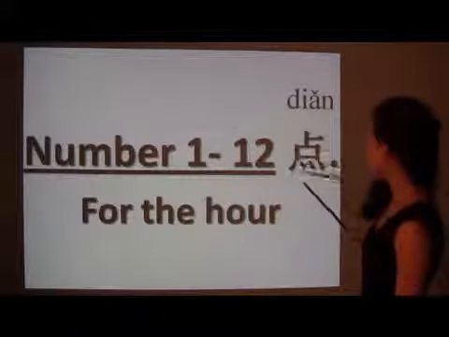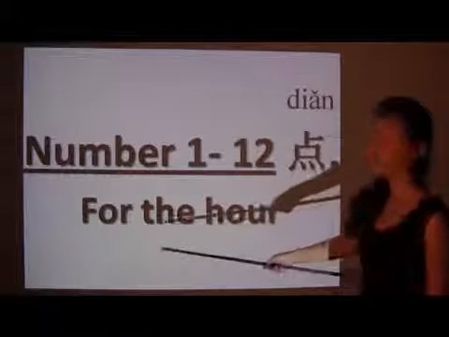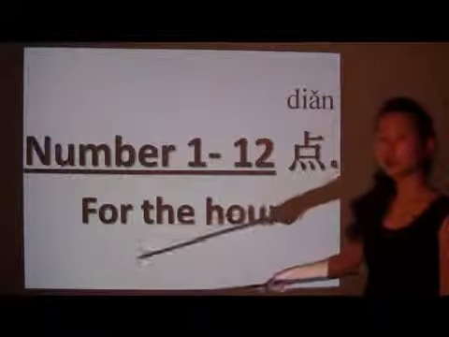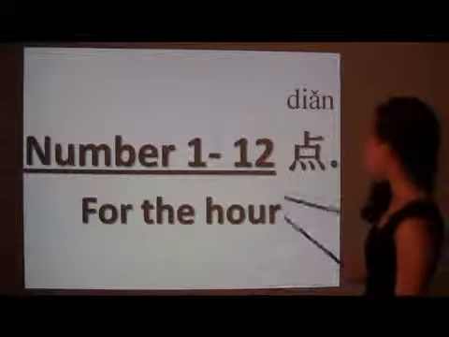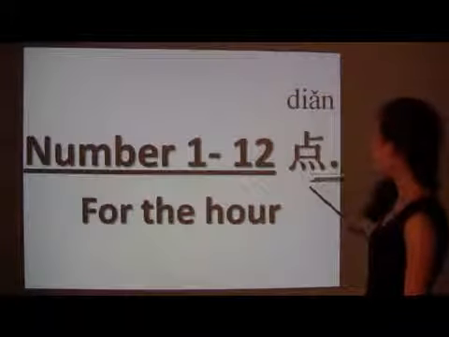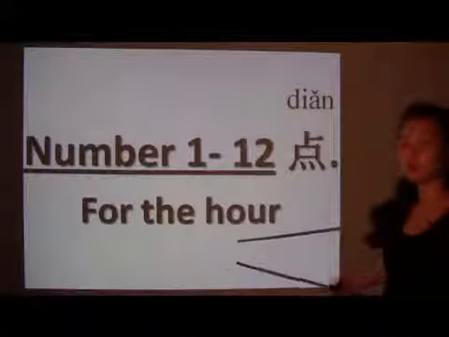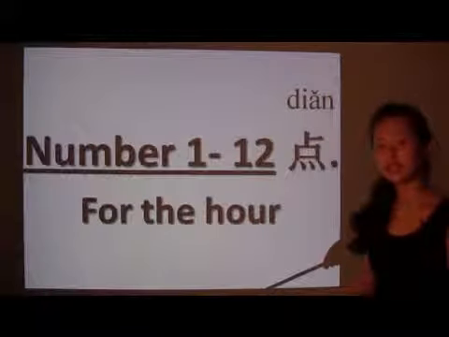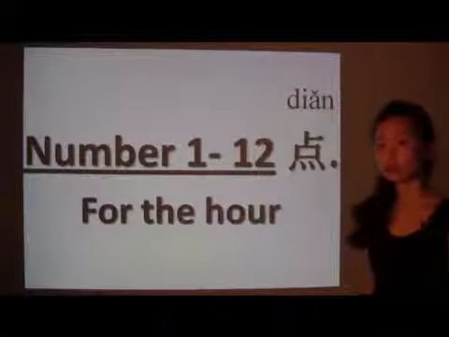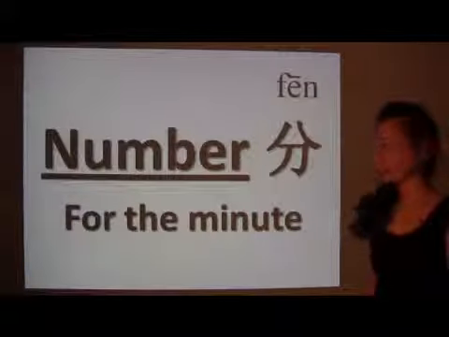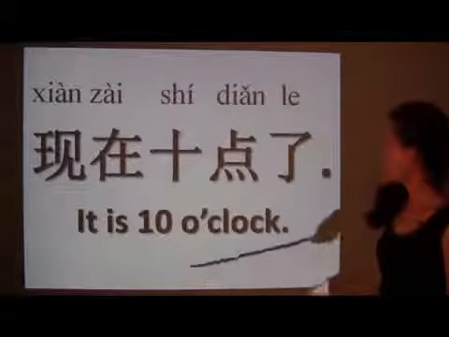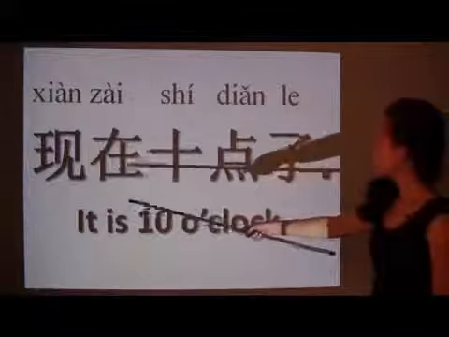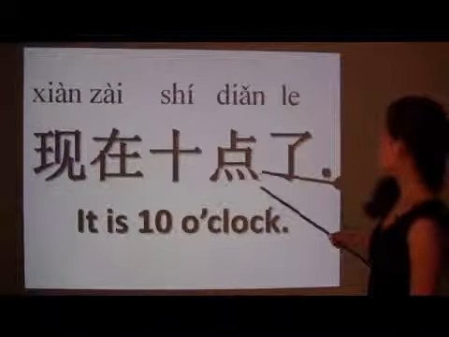And the 点 stands for the hour. So number 1 through 12, and then you have the character 点, which tells the person that you're telling them the hour of the day. Here's the example. 现在10点了.